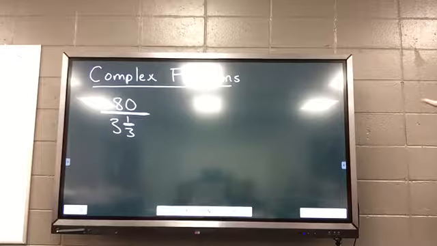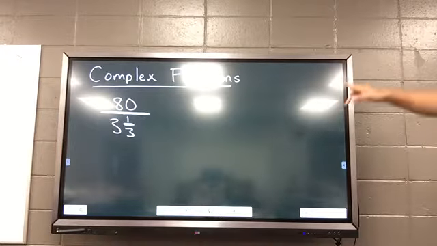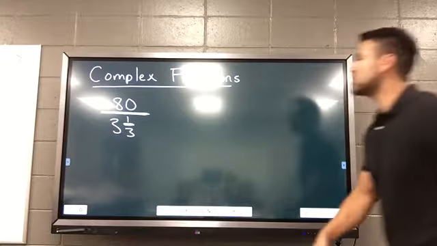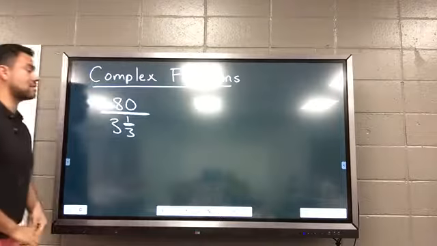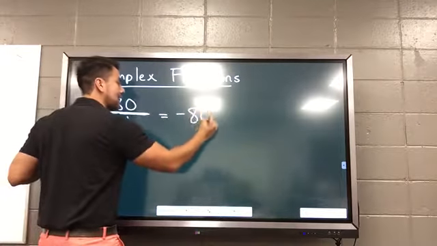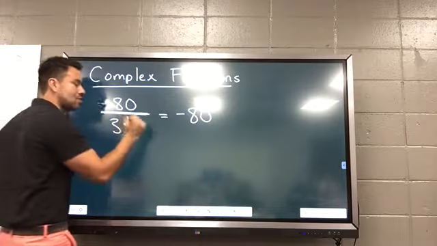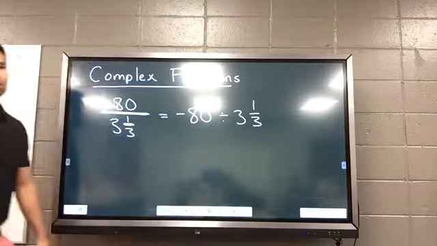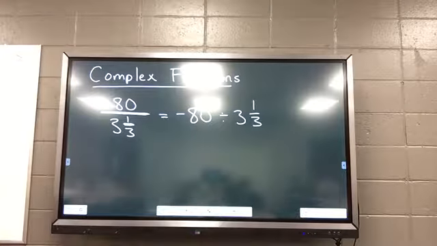Yes. That's the key to figuring out how to make this simple. Is that simple, by the way, just looking at it? I don't think it is. Let's try to make it simple by thinking of it as a division problem. This is really negative 80 divided by 3 1/3. So why don't you just write it that way? Is it really that complex?